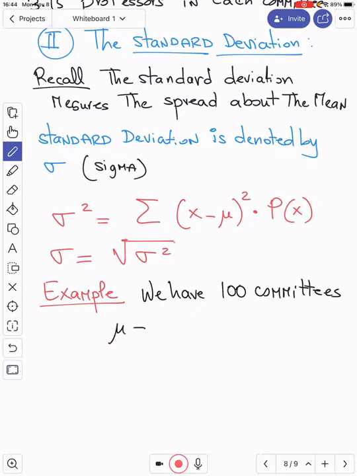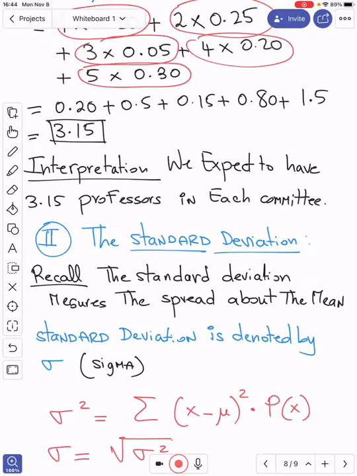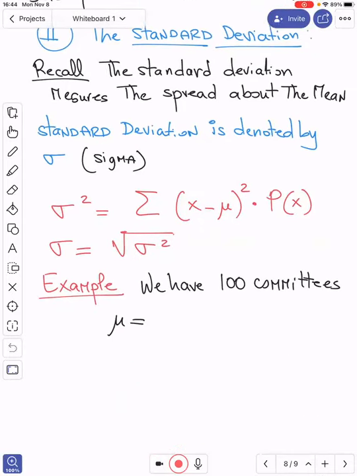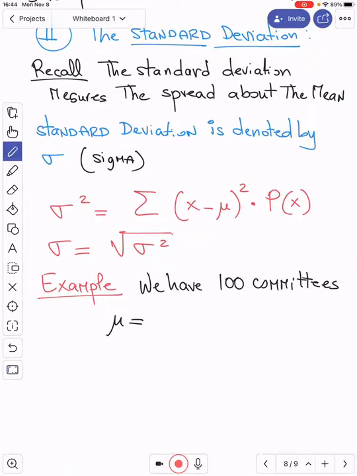The mu, the mean of my probability distribution, is 3.15, right? So this is 3.15. All right, so as a first step, I'm gonna compute sigma square. It's better to go step by step, guys, because it's easy to get confused. I know some of you had trouble with the standard deviation on the test.